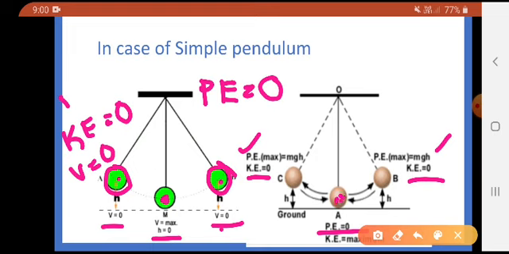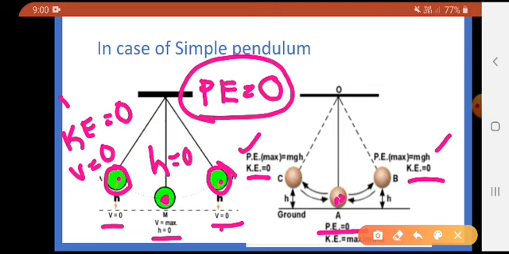And when it reaches its reference point or mean position, its height equals 0, so potential energy becomes 0. And it has maximum velocity at the mean position, because we are not giving any push or pull, but it is moving left and right.